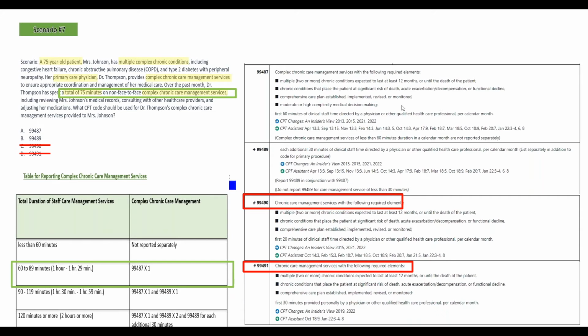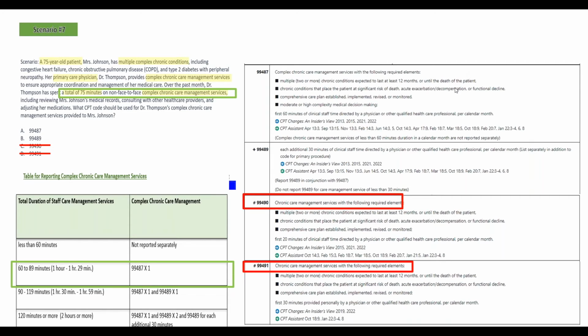Okay, option A is only for 60 minutes and the doctor did 75 minutes. So I think this particular table solved that question. For 60 to 89 minutes, only code 99487 once. Only if you reach that 90 minutes mark, you can code for the add-on code.